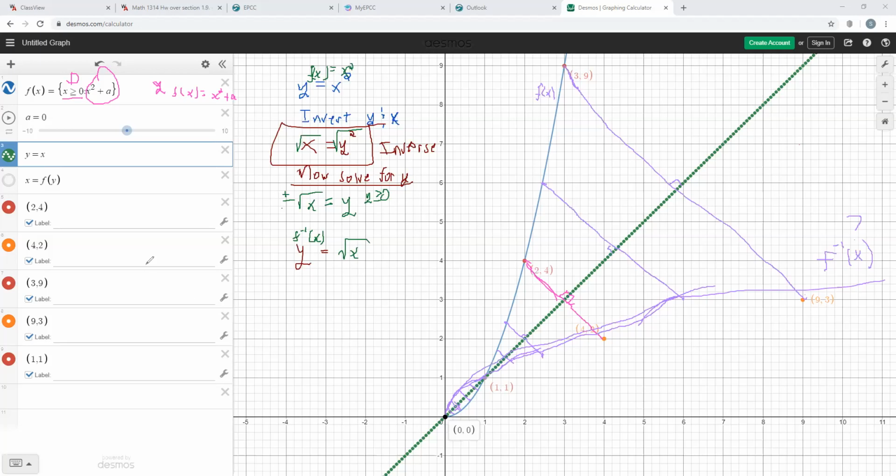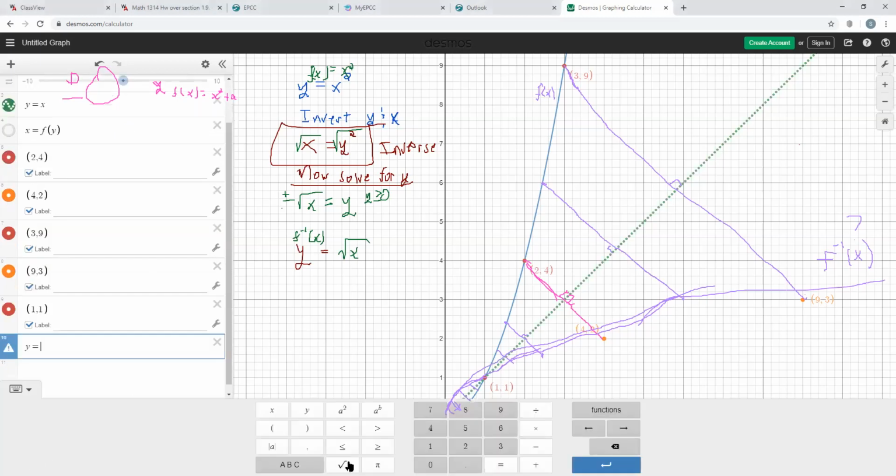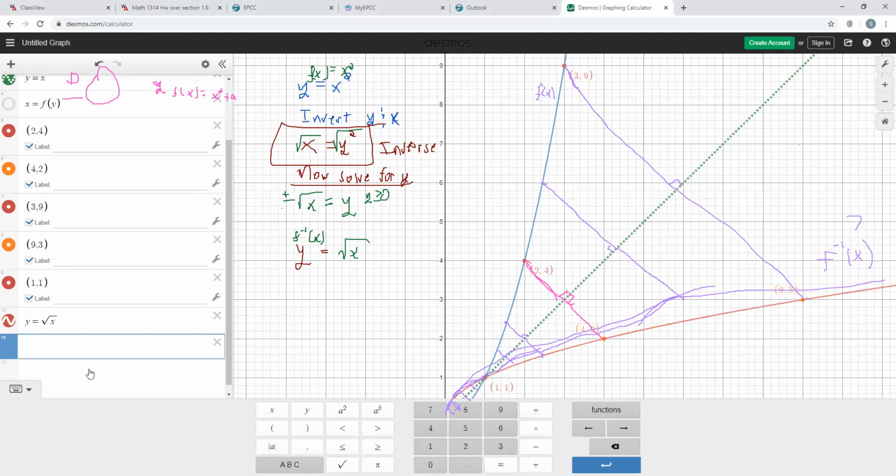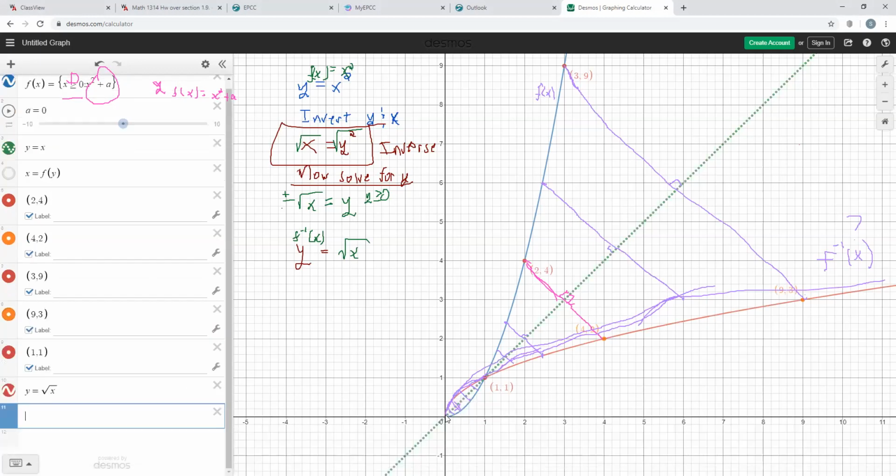Okay, if we ask the computer Desmos to graph that, we could say y equals the square root of x, and there you see the red graph here is the inverse of the blue graph, and you can see how lousy my sketch was here, but hopefully you get the idea.